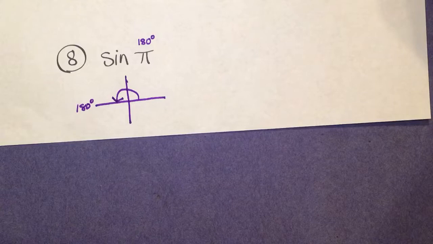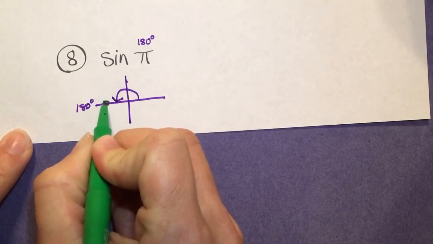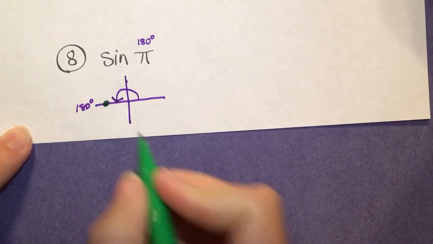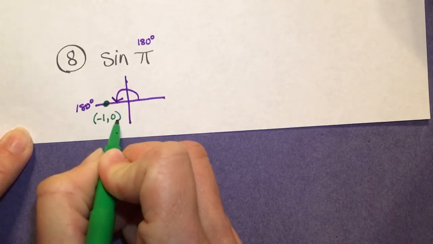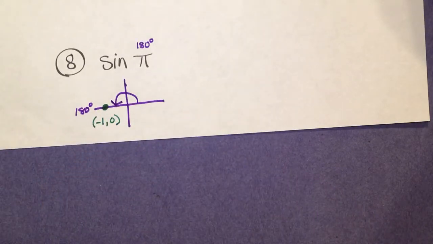Now from there, we're going to pick a point on the terminal side. If this is a point, then that point could be the point -1, 0, or it could be -2, 0, or -3, 0.